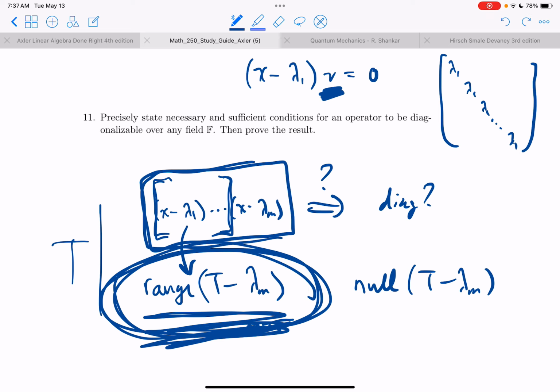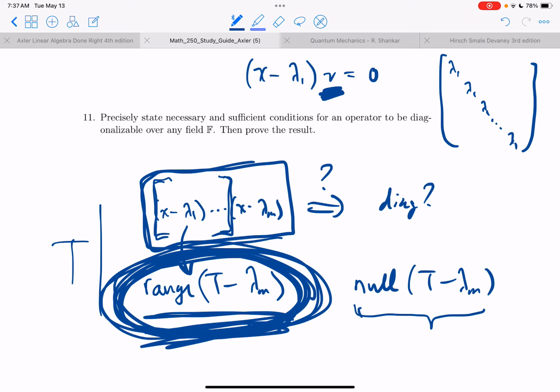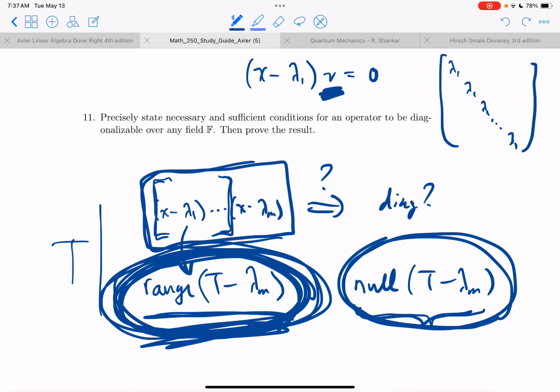And so on this range, we have a basis of eigenvectors. All we need to do is then string together, at the null space here, a subspace where everything in it is an eigenvector of the eigenvalue lambda m, except the 0 vector. So nobody can stop us from choosing a basis here, and it's automatically a basis of eigenvectors.